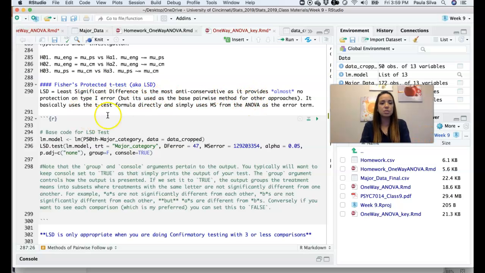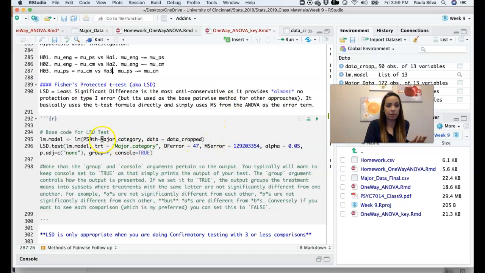It basically uses the t-test, as I said in class, but it changes in that the denominator of the t-ratio will not be computed in the same way that we compute the standard error for the t-test. We'll use the mean square error that is in the ANOVA table, all right?